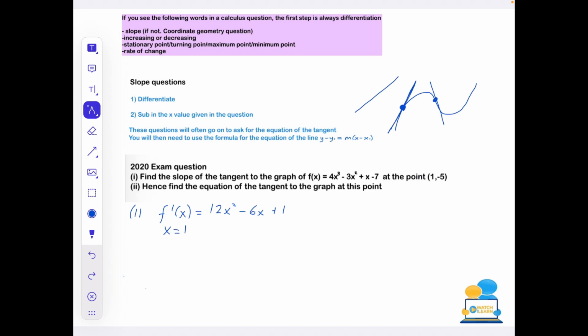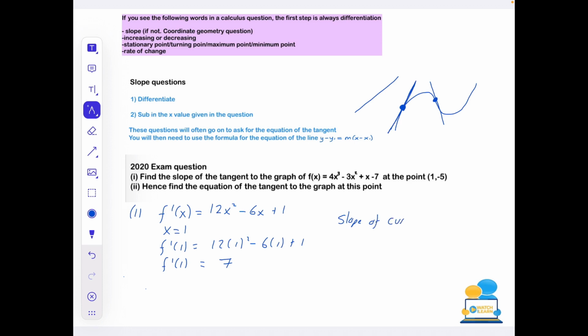Now we need to sub in the x value. The x value at the point we're looking for is 1. So we're going to find f dash 1, which is equal to 12 by 1 squared minus 6 by 1 plus 1. I get f dash 1 is equal to 7.